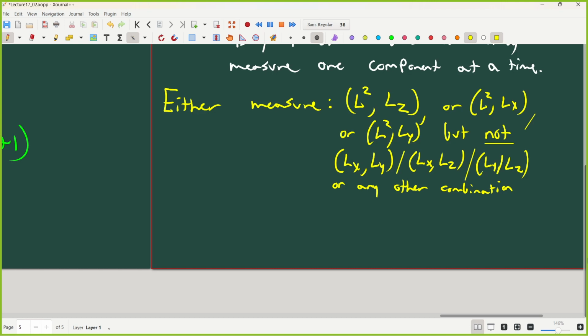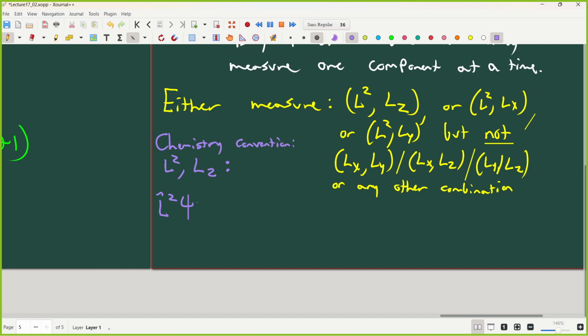So the typical choice, the convention, is that we choose L squared and Lz. And they each have operators. The L squared operator, we already know what it does.